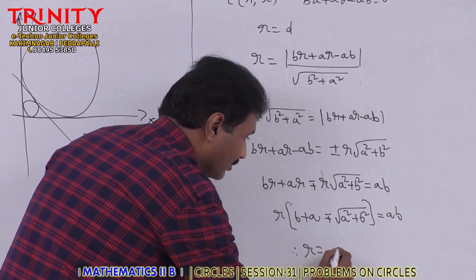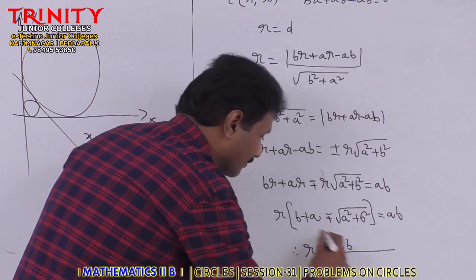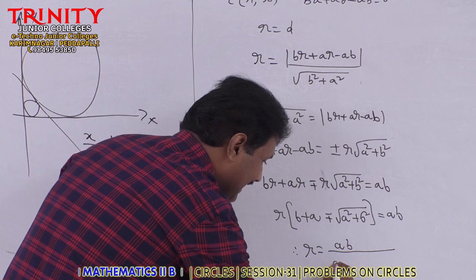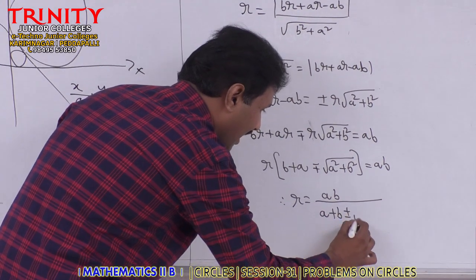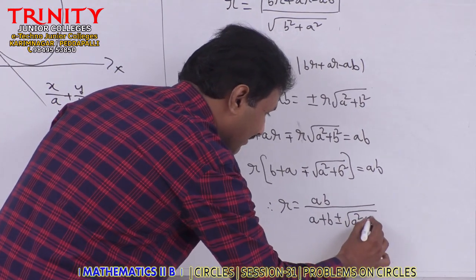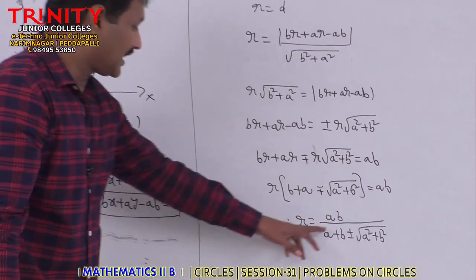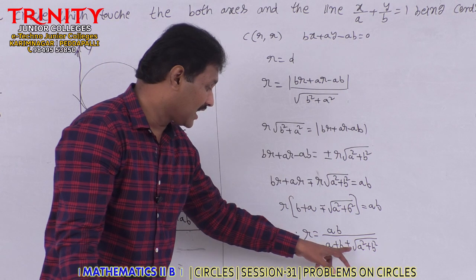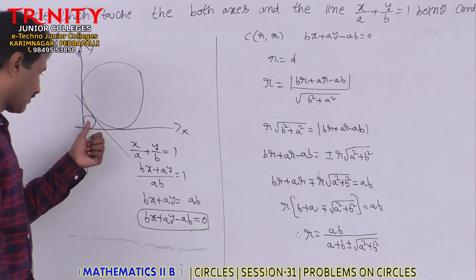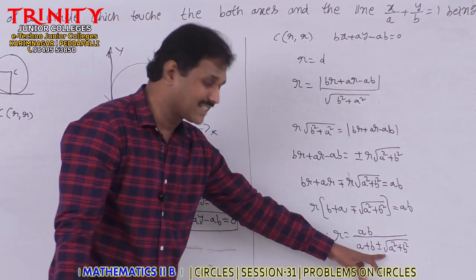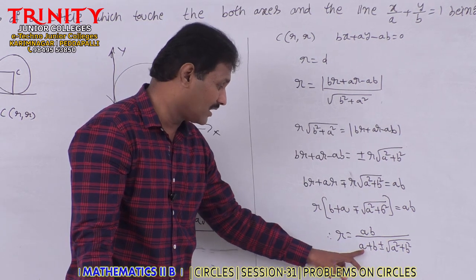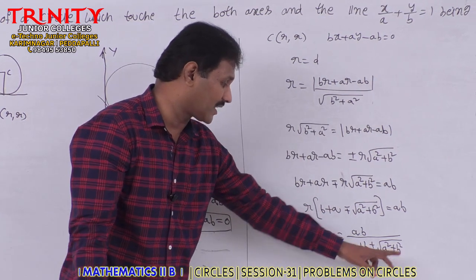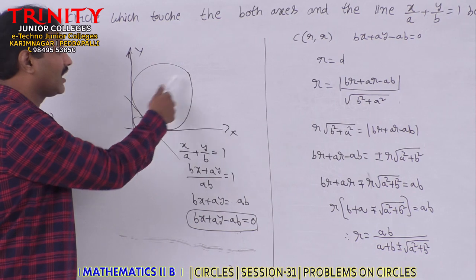Therefore, r = ab / (a + b ± √(a² + b²)). With the plus sign, r = ab / (a + b + √(a² + b²)), that is the radius of the small circle. With the minus sign, r = ab / (a + b − √(a² + b²)), that is the radius of the large circle.